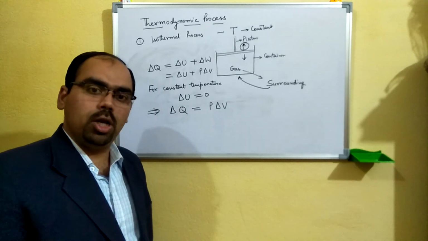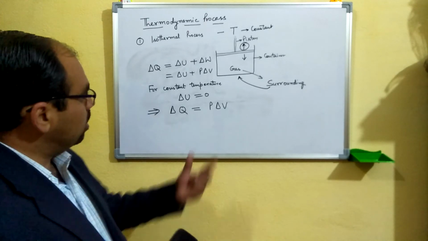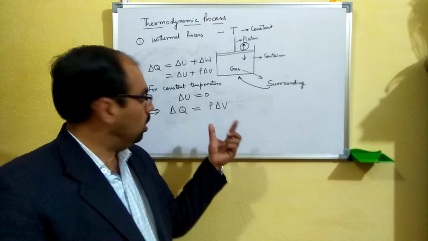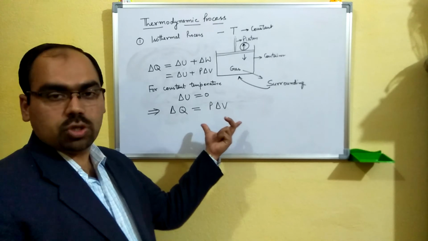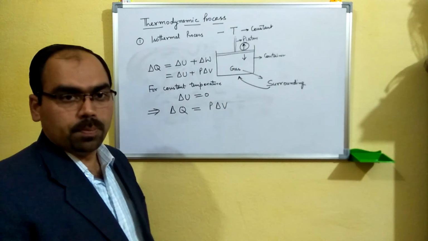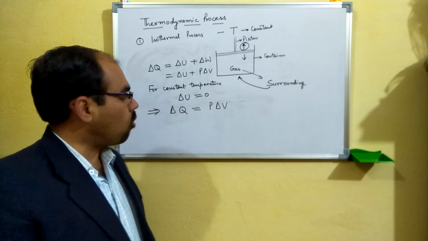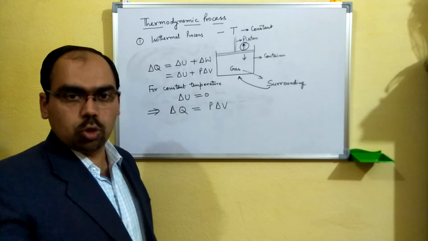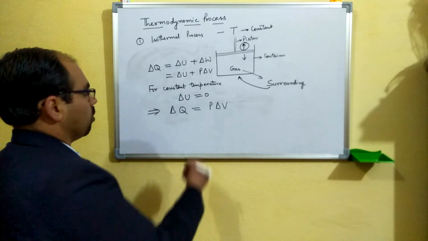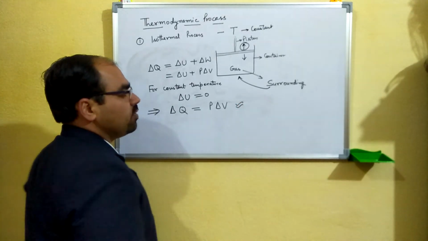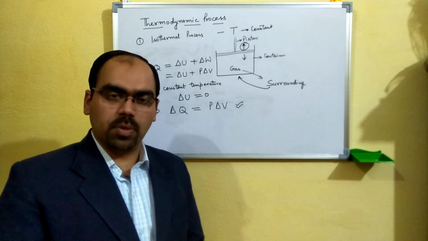It can be positive during expansion and negative during compression. So when compression takes place, the volume changes and heat is transferred to the surrounding. Similarly, when expansion takes place, volume increases, so heat is absorbed by the system from the surrounding. This is how the first law of thermodynamics gives the transfer of heat to the surrounding and the absorption of heat from the surrounding.